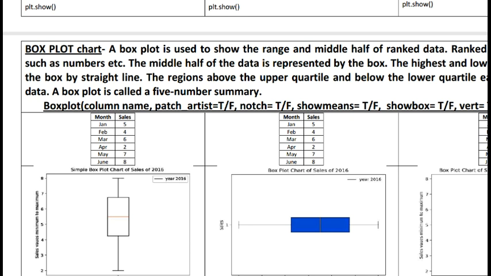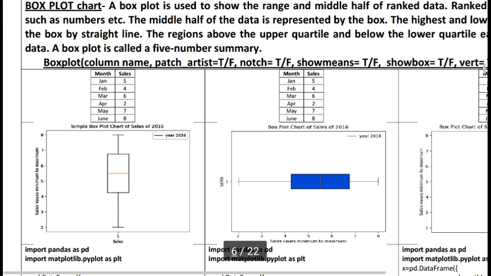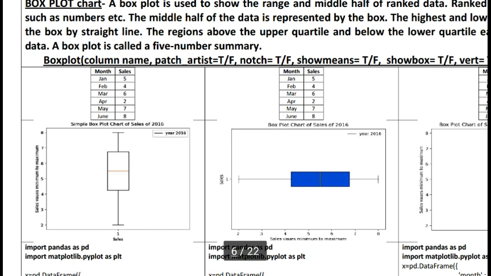It will become clearer with the help of an example. I am taking one example, so it will clear all the terms and terminology of the box plot. But the purpose of the box plot is we can summarize or compact a large volume of data in one picture. To create a box plot chart, I am using the box plot function.